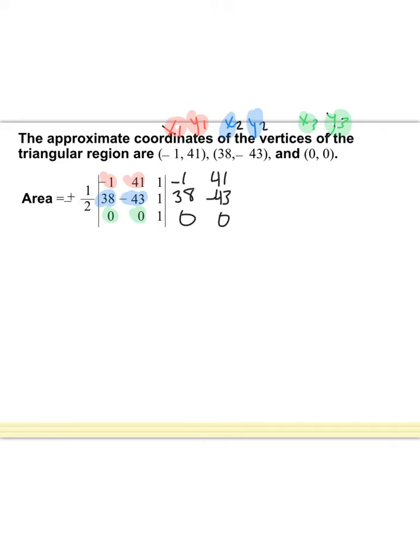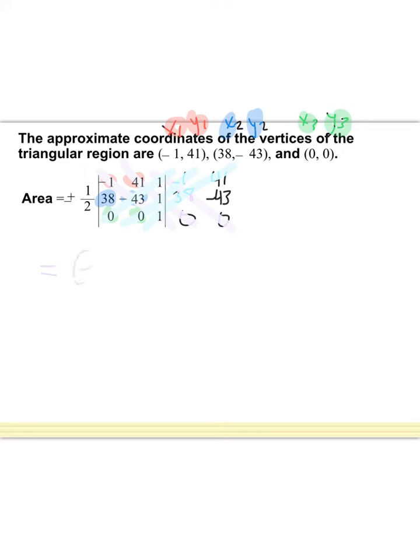Let me change colors. So diagonal. And another diagonal. So let's write it out.